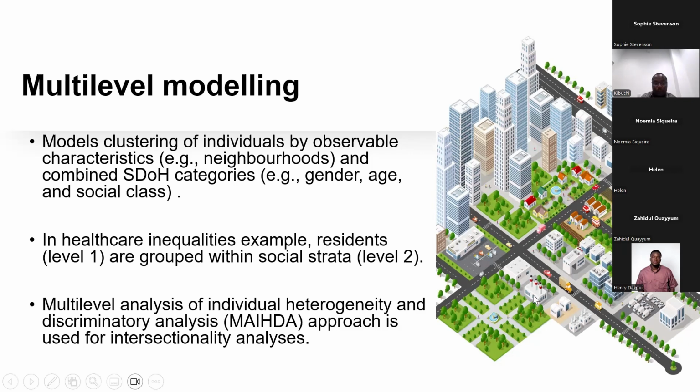Now, I will use this figure to demonstrate how it works. Multilevel modeling assumes clustering of individuals by observable characteristics, let's say neighborhood, and combines social determinants of categories. For the first part, the observable neighborhood, if we check the photo on the right, let's say we are looking at living conditions.